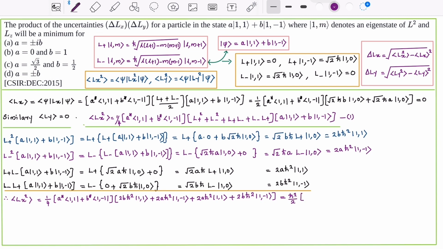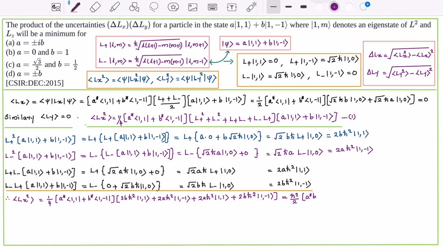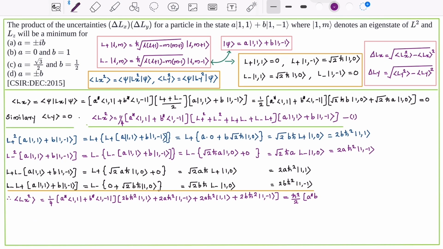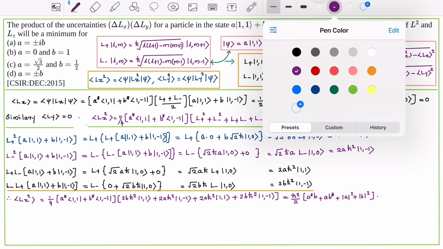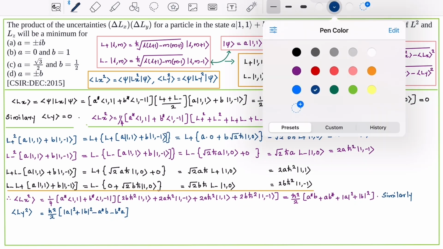That is equal to h bar square by 2 times (A star B plus A B star plus modulus of A square plus B square). This is the expectation value of Lx square. In the same way, the expectation value of Ly square is h bar square by 2 within bracket modulus of A square plus modulus of B square minus A star B minus B star A.